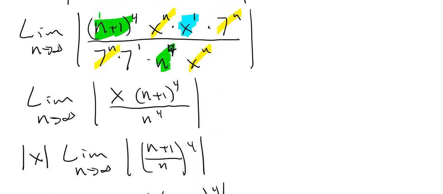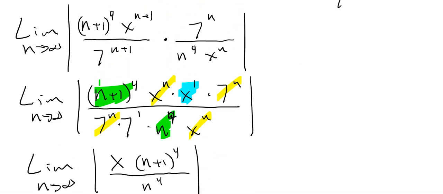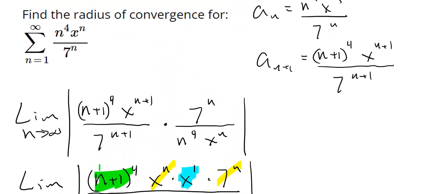The center of this power series is 0. c is equal to 0 because right here we have x minus 0 to the n, which is really x to the n. And so remember, all power series converge at the center, which is 0.